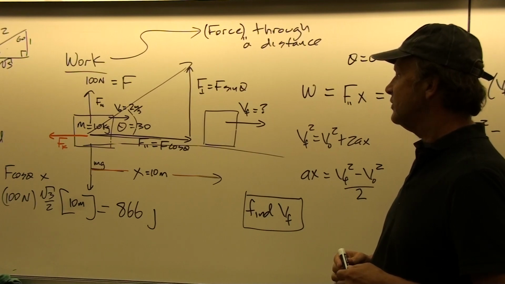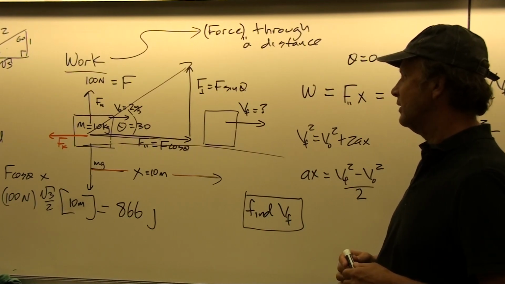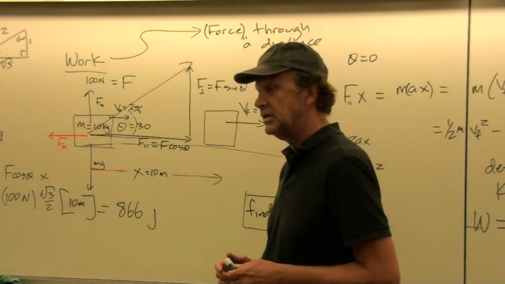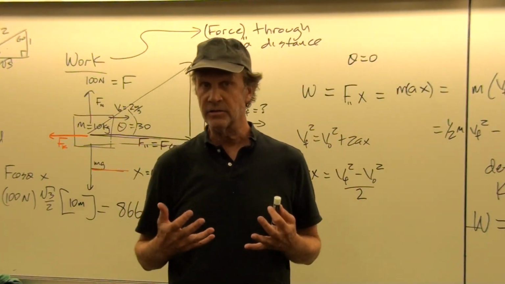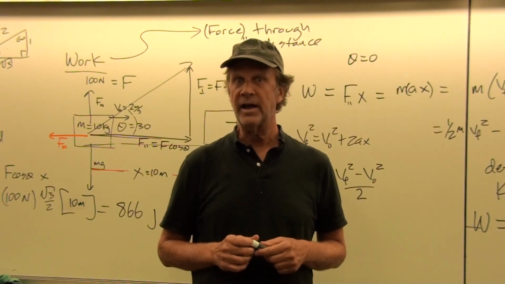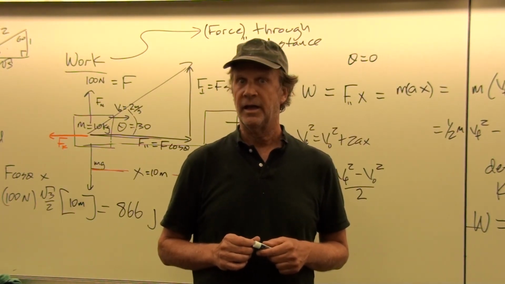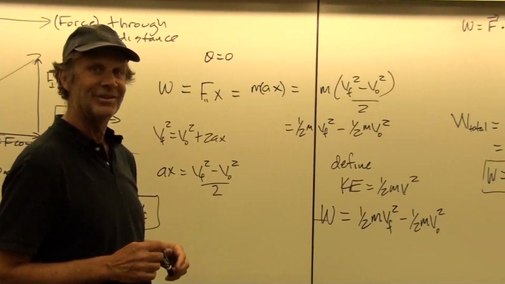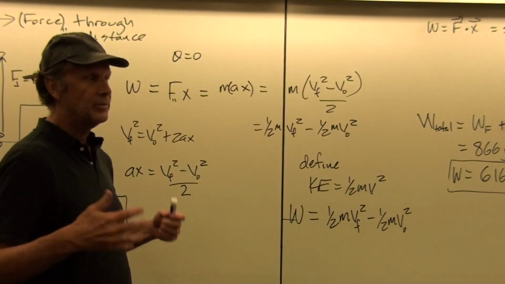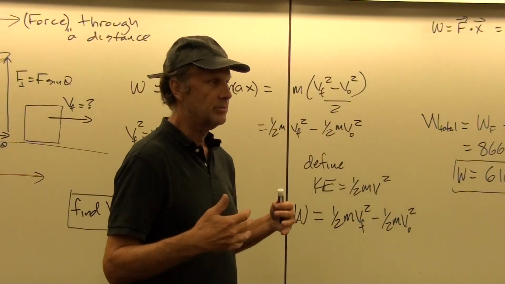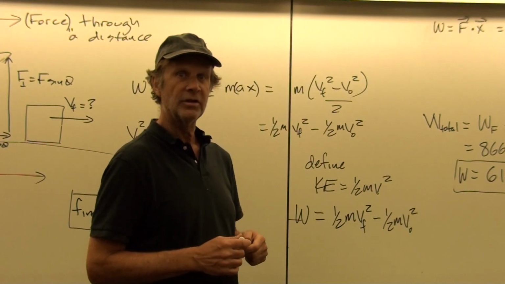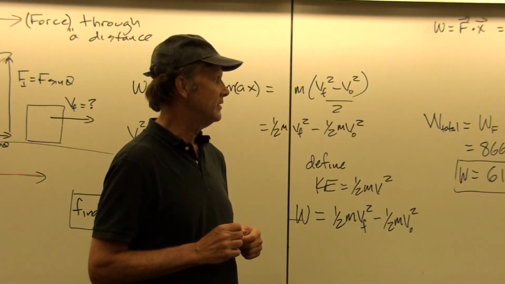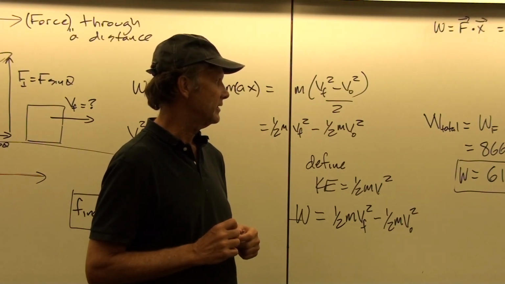But the advantage of doing this with the work energy principle is that even though so far we've been looking at work energy in terms of a constant force that's acting, it'll also act for a variable force too. And so variable force, we can't just use our kinematics equations, but we can still use the work energy principle. So I'm going to introduce the work energy principle with constant forces, but then we'll look at some variable forces, which is the real power of being able to use work and energy to solve a problem like this.